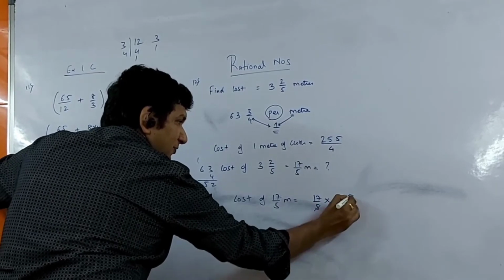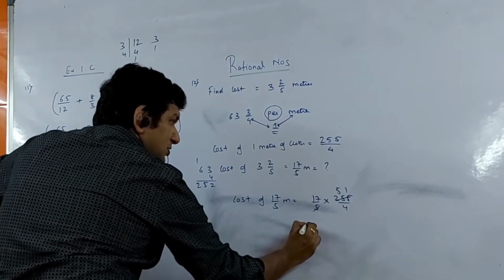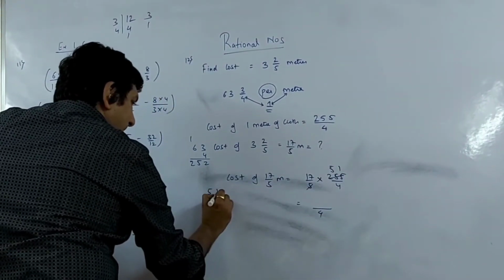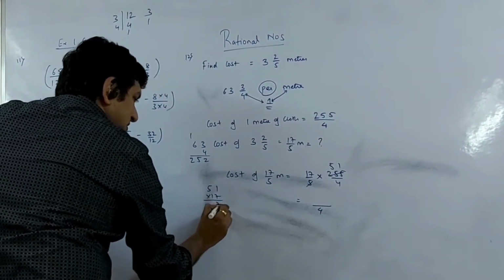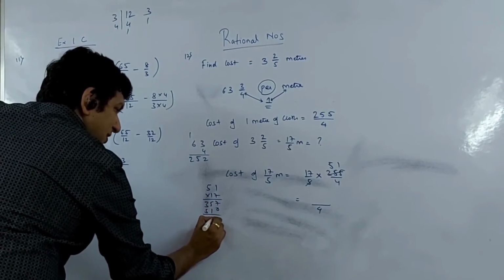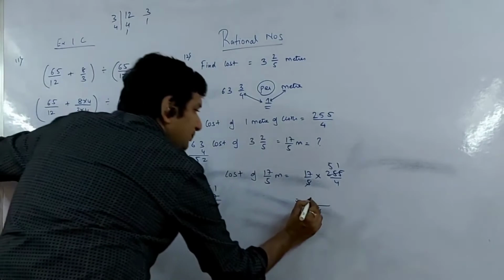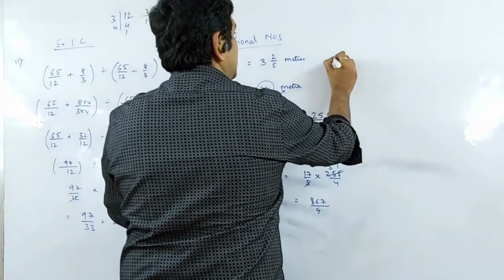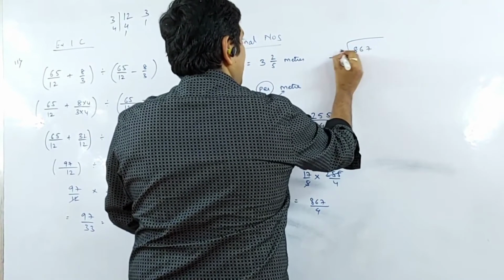So 5 fives are 25, 5 fifty-ones are 51. So the answer is 17 into 51. 7 ones are 7, 7 fives are 35, and 51, 867, which I have to again convert into a mixed fraction. 867/4.